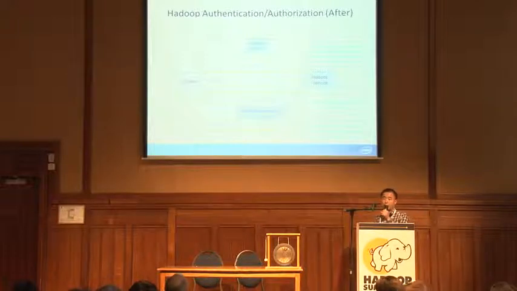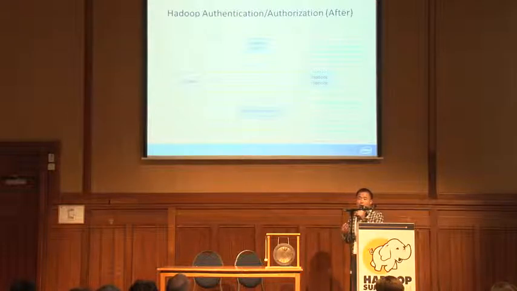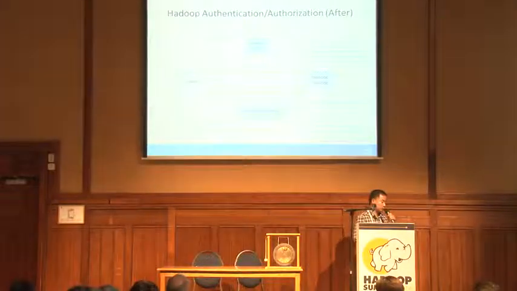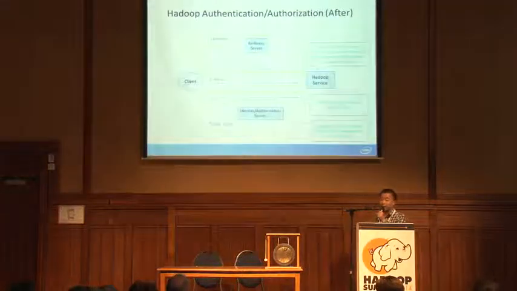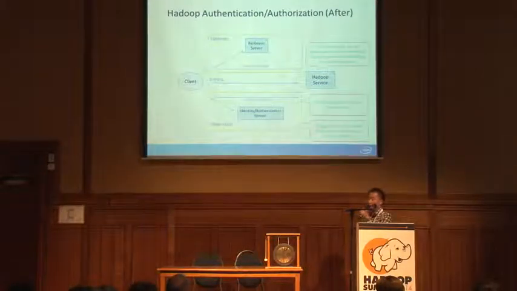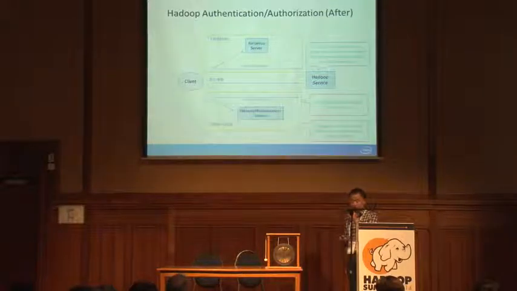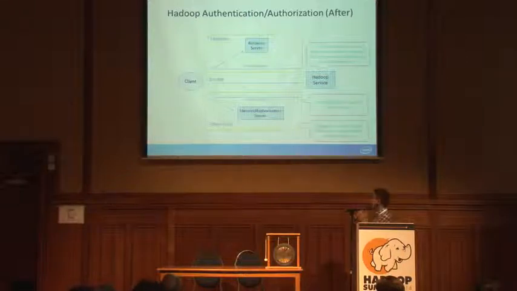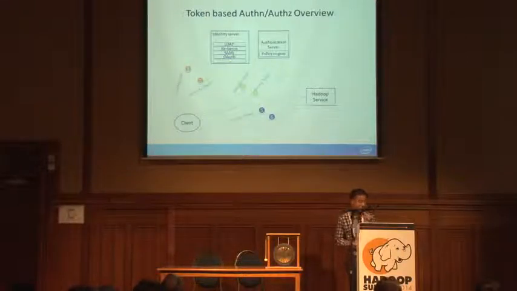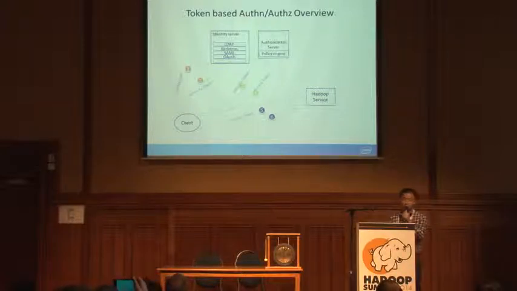In current Hadoop, for authentication and authorization, the server can only get the principal, simply the username and the groups. But the Hadoop service cannot get more information about the user, which would be very useful for enterprise security. So in TokenOAuth, we can do better authorization.